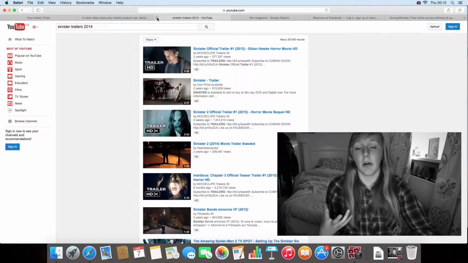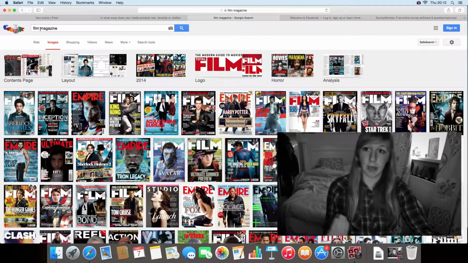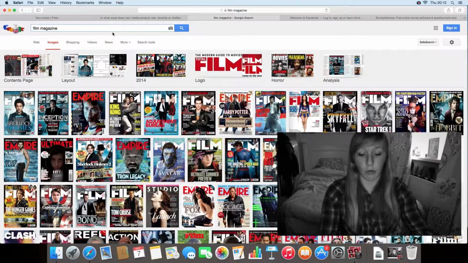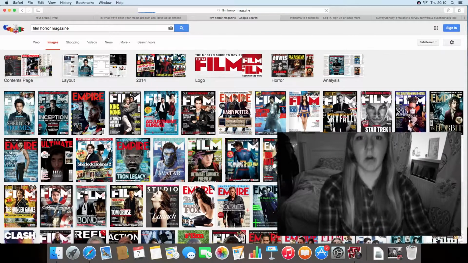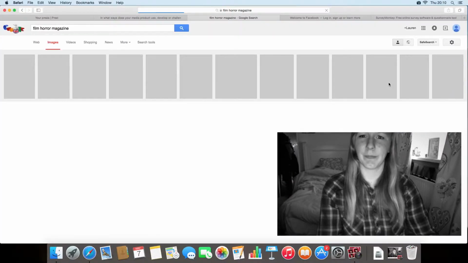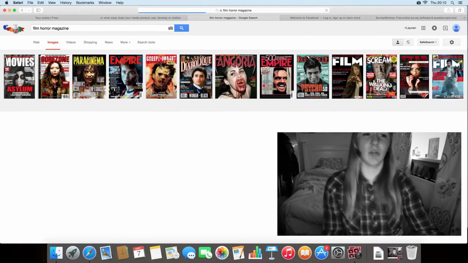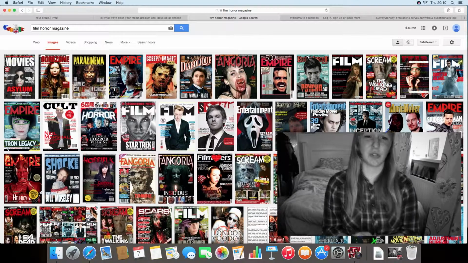I also looked at film magazines. I did look at horror ones too, but I really do not like the look of horror magazines because they look dodgy.